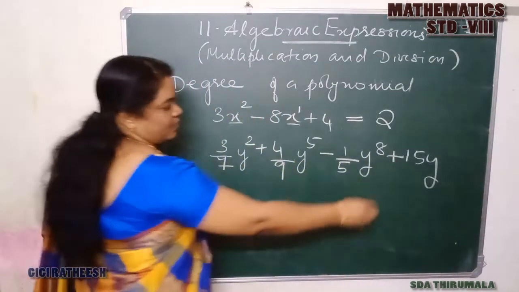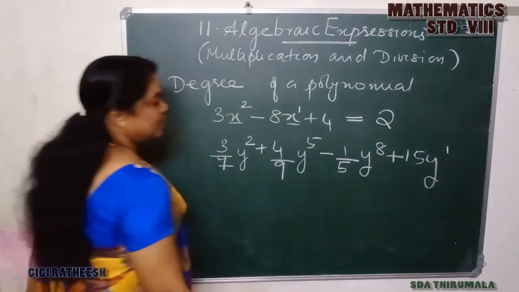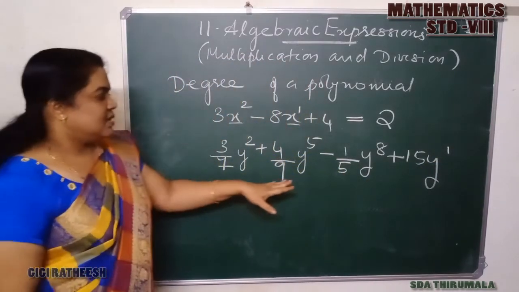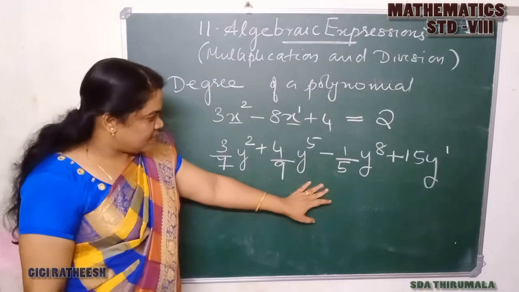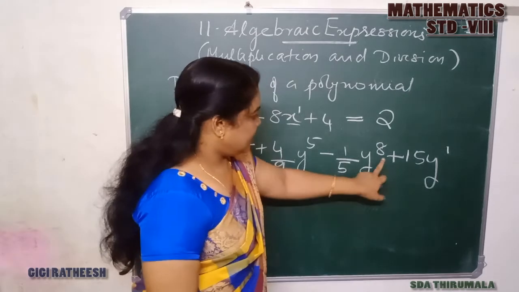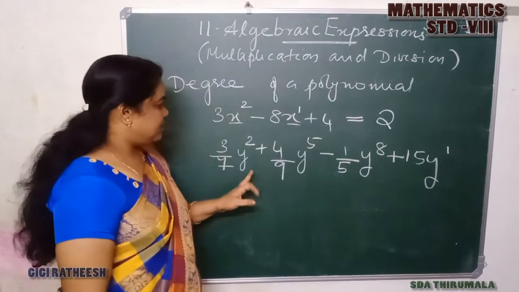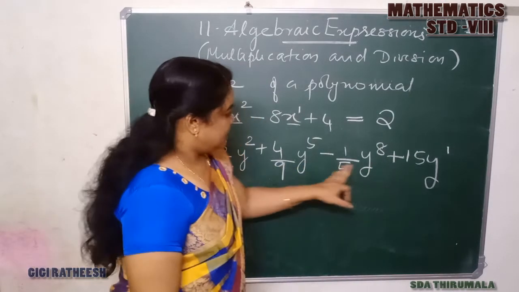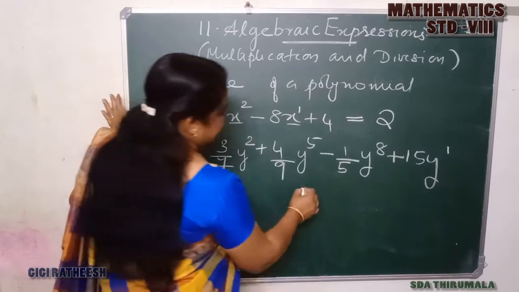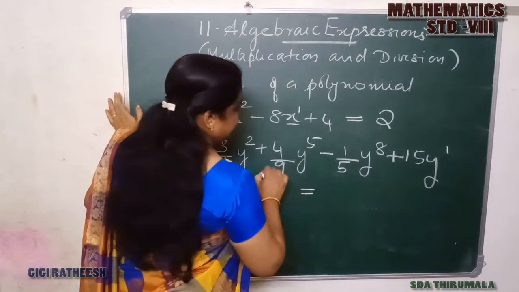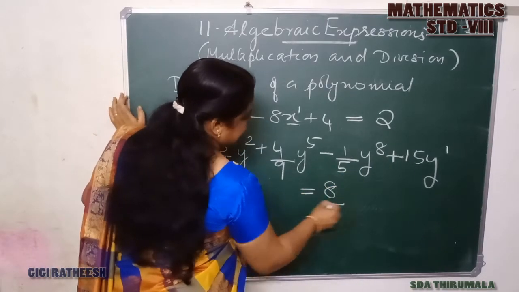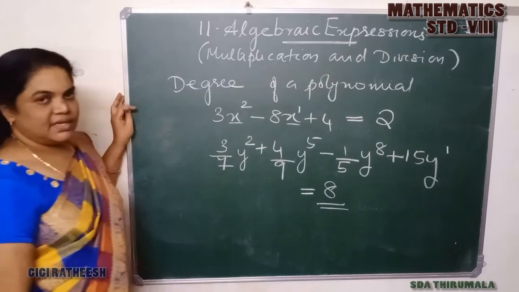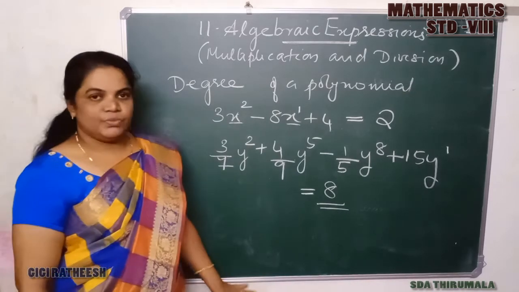The greatest power of y is 8, so the degree of this polynomial is 8. This is called the degree of a polynomial.